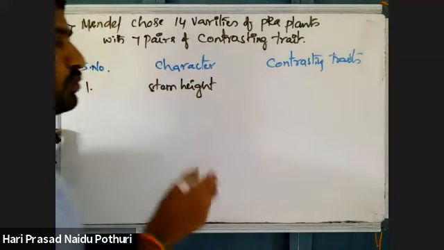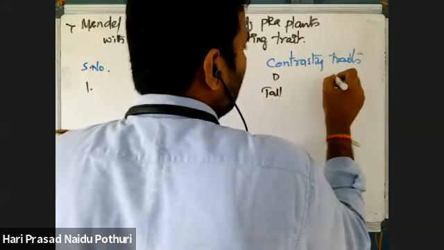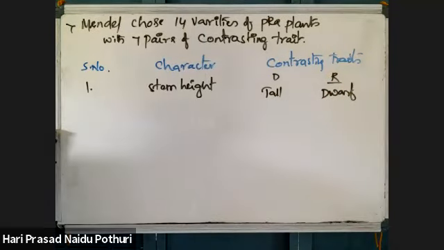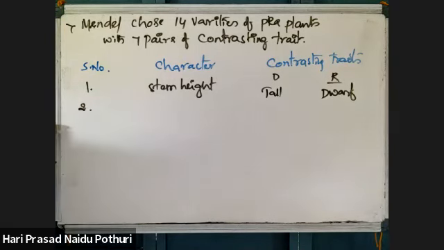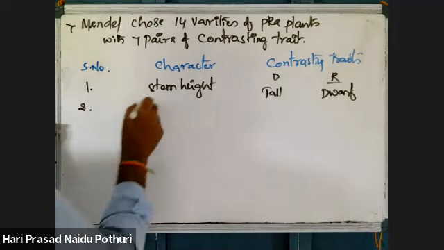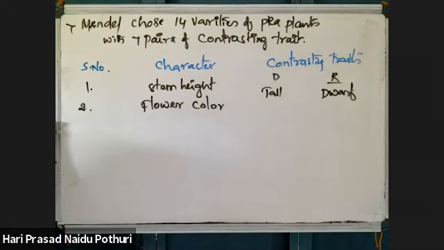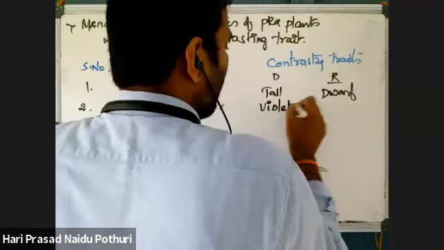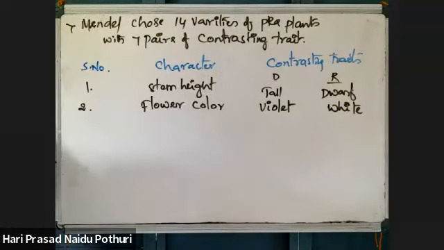Stem height has 2 contrasting traits: the dominant is tall, the recessive is dwarf. Then flower color: dominant is violet, recessive is white.